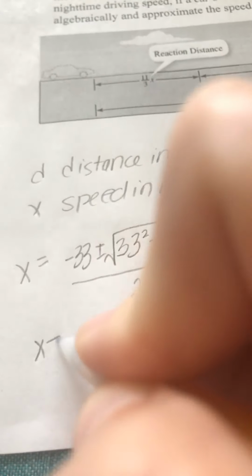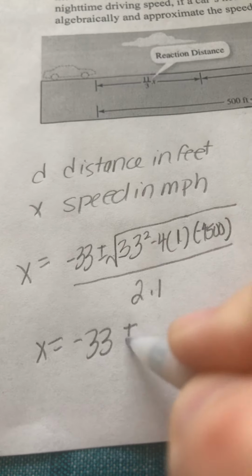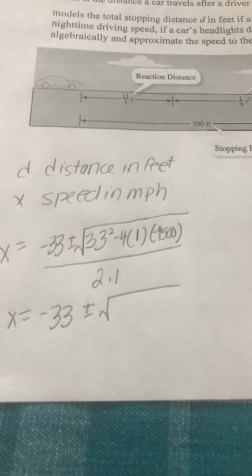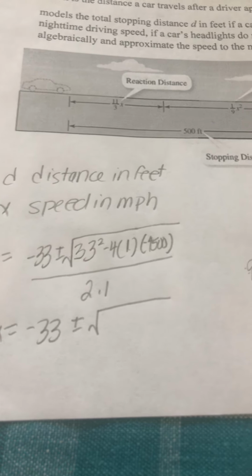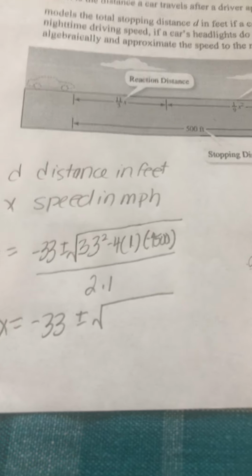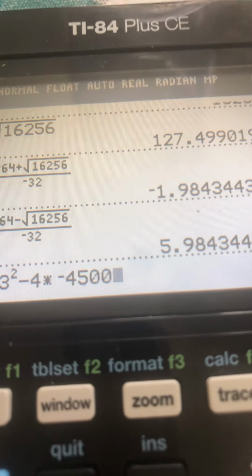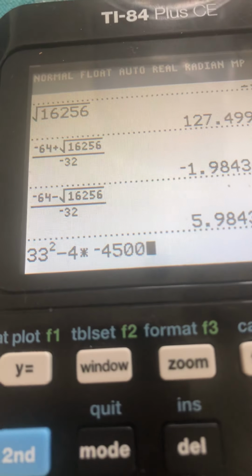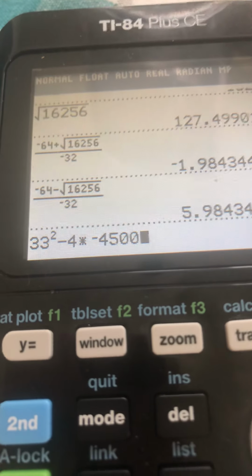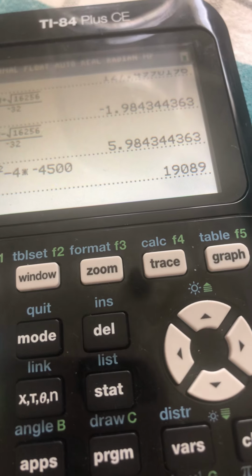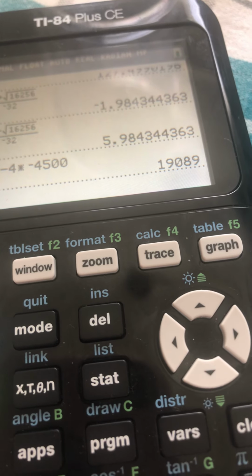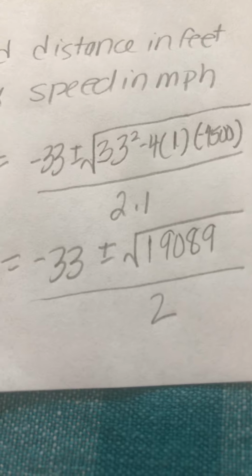Okay, so all in one step in the calculator. Okay, I didn't put the times 1 in there because we know that that does not affect the value. So this is what's going to be under the radical, 19,089. Okay, so that looks like that.